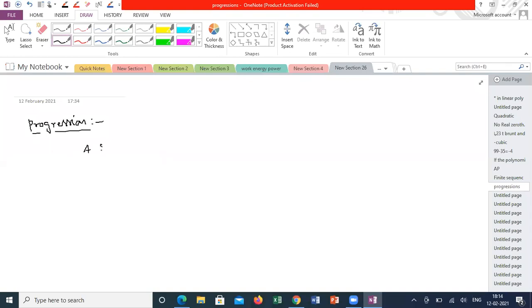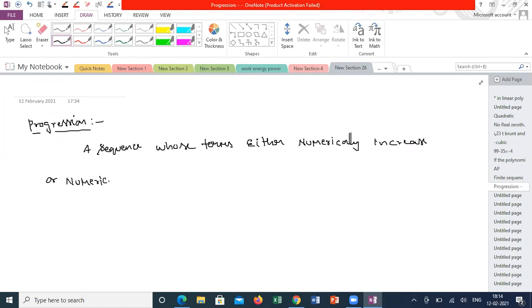A sequence whose terms either numerically increase or numerically decrease is called a progression.